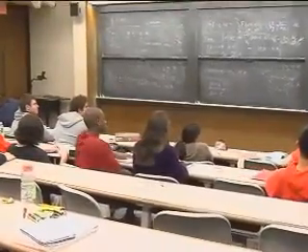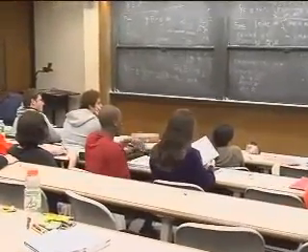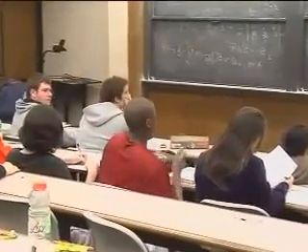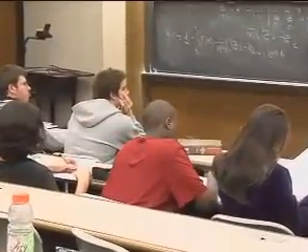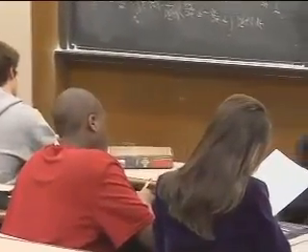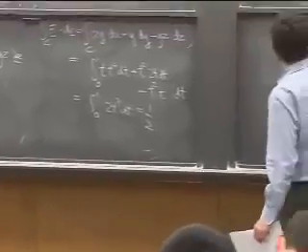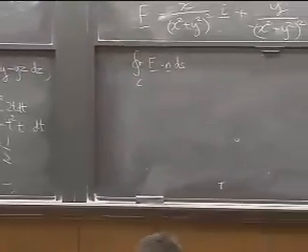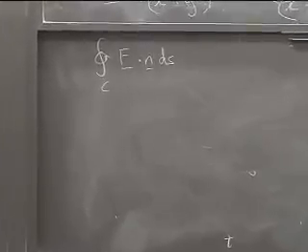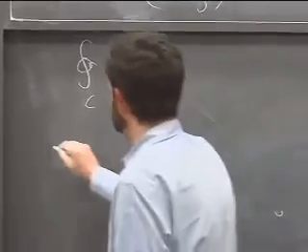This time I might even get the right answer. Okay, here's the curve. What I'm asked to compute is the flux integral F dot n ds around this closed curve. Now what I'd like to do is set up a parameterization.